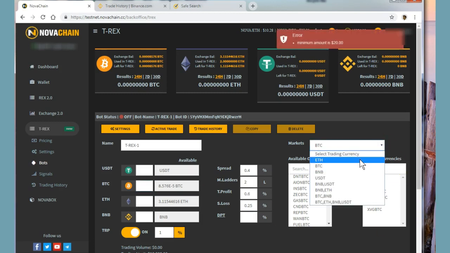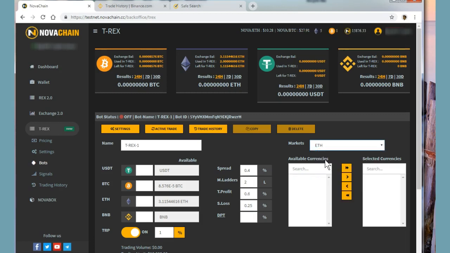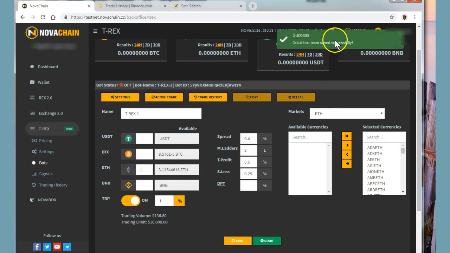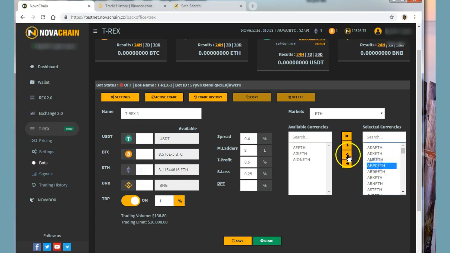So we'll go back to the ETH market. Right now I'll just put all that in there, and we'll go back to 1 ETH, because it's 2 ladders, so it's going to do 1 ETH a piece. Let's save that. Cool, so that's saved. I'm going to take out some of these because some of these were so small, it didn't do any trades last time, but that was my fault because I wasn't sure.